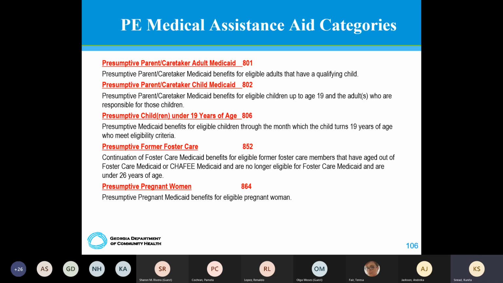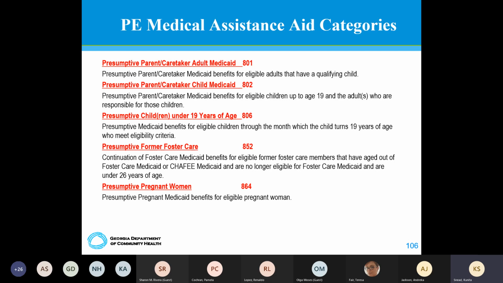So here are the aid categories that we went over. Remember, you have your parent caretaker aid category with children under the age of 19. Now, when you're adding the individuals to GAMIS, there are not two separate aid categories, but two separate numbers that you will have to put the individuals in for parent caretaker with children under the age of 19.